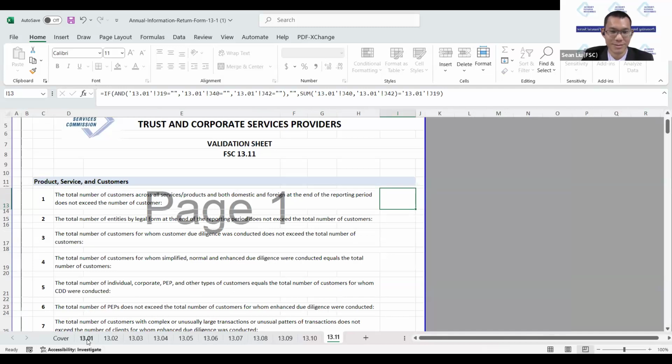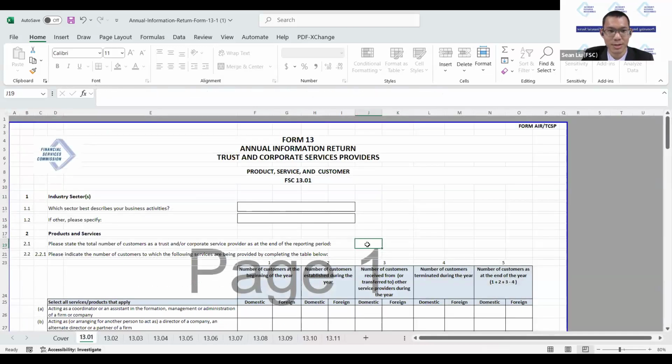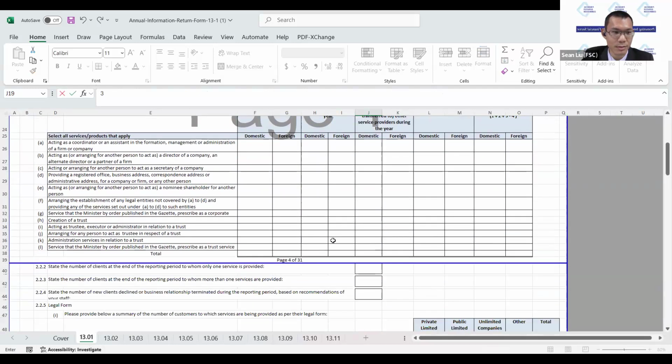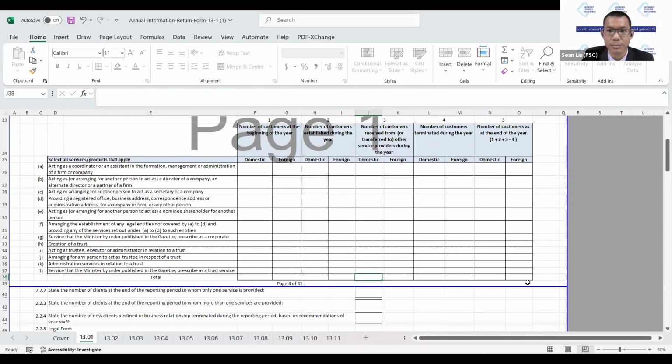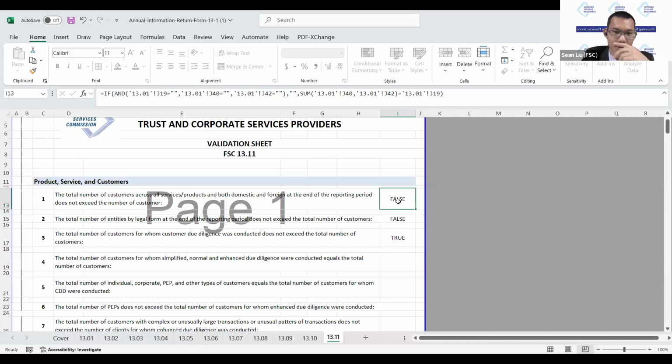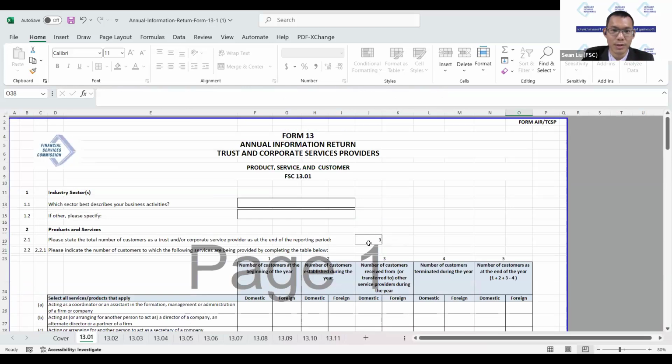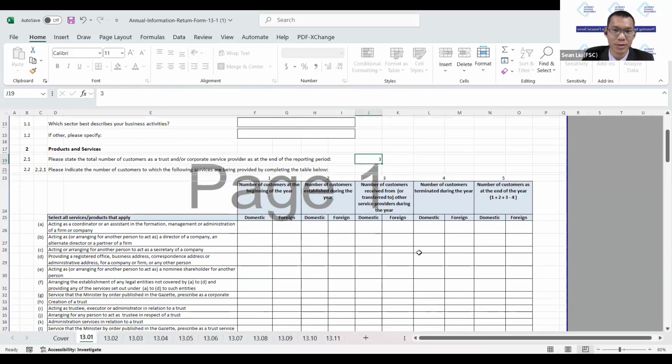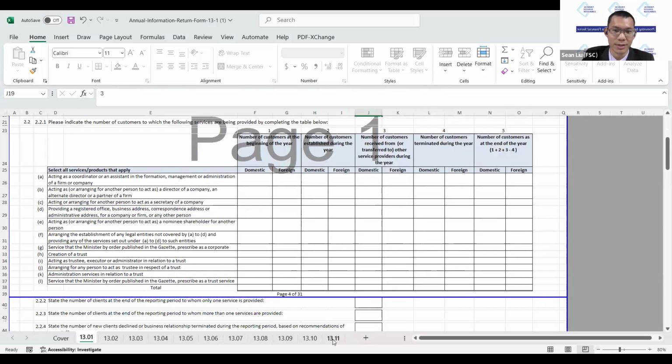Yes. So let us say you said you have 3 customers here. Right, so for example, I have put that you, the licensee, had 3 customers for the year, but they didn't fill out the other necessary cells in the sheet.